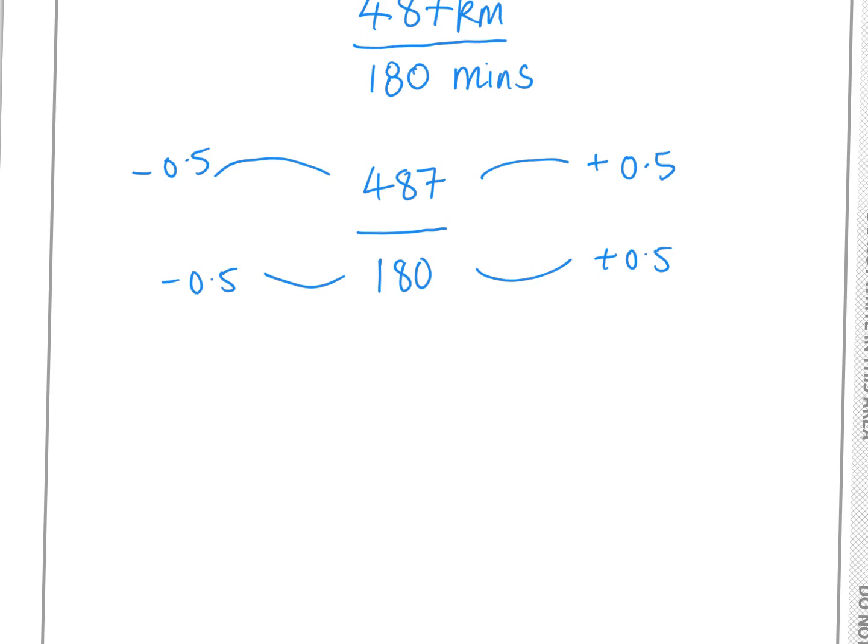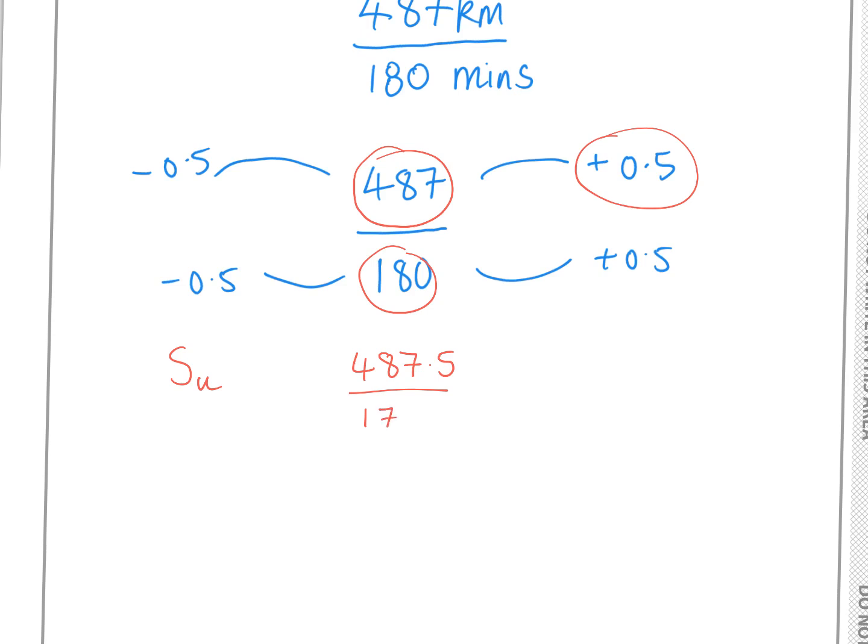So we can find the upper bound. So what we want this to be its most, so that will be 487.5 by adding 0.5. And we want this to be its least, so that will be 179.5 because we'll take 0.5 away from that.